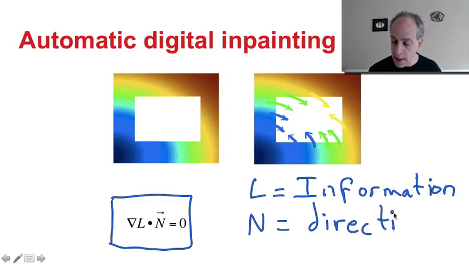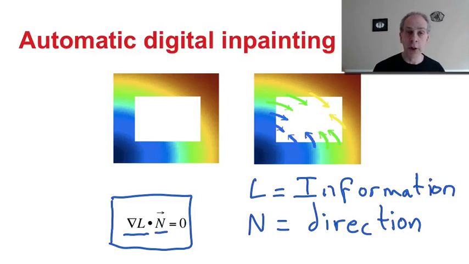Now look what happens here. We have gradient of L, meaning the change of L, inner product with N equals 0. This is the change of L, and it's projected, because of the inner product, onto N, the direction of propagation, and we want it to be equal to 0.